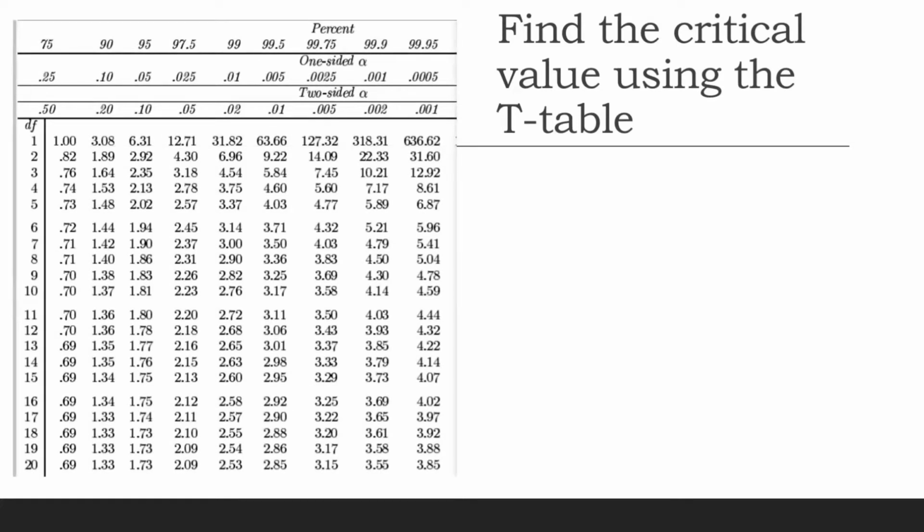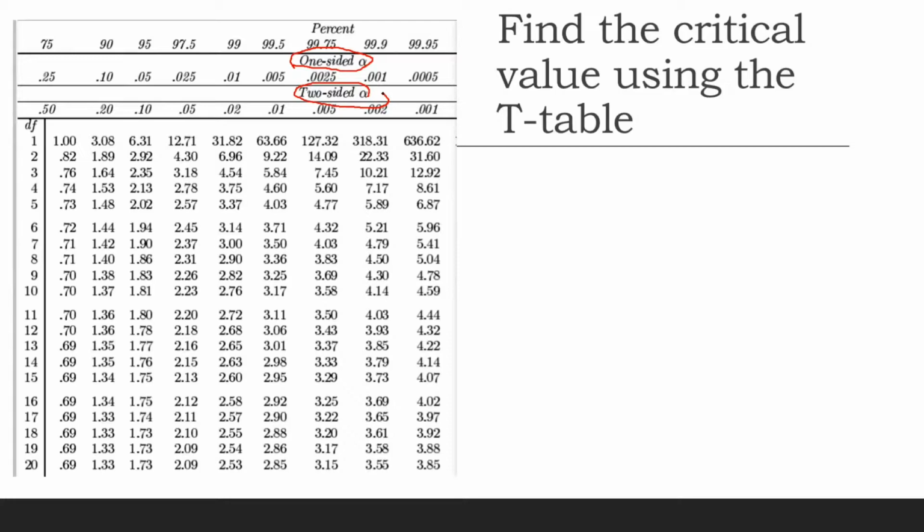So this is our t-table, t-distribution table. So kung nakikita natin sa table natin, meron na tayong level of significance. So meron tayong one-sided of alpha and two-sided of alpha, which is the two-tailed.